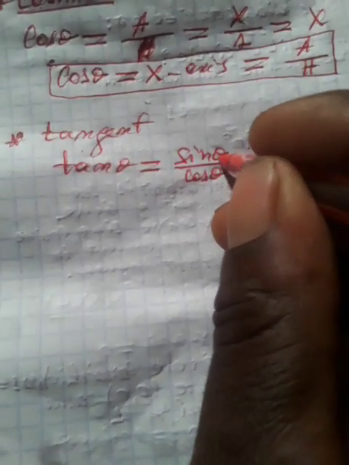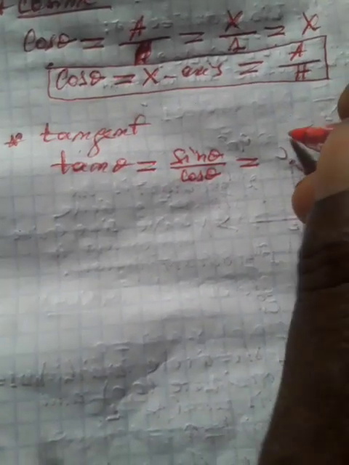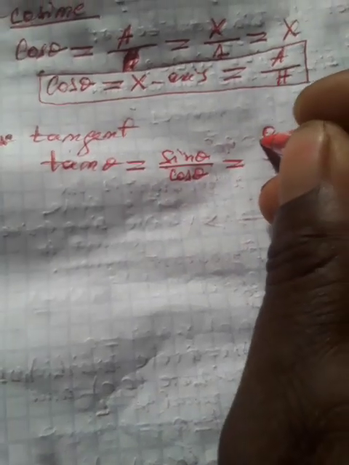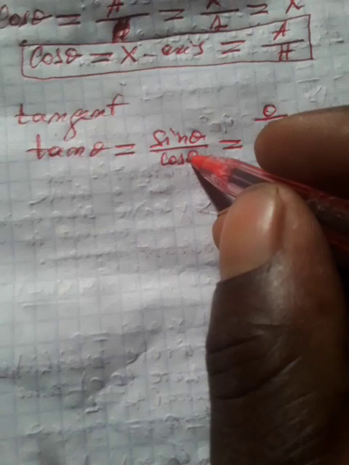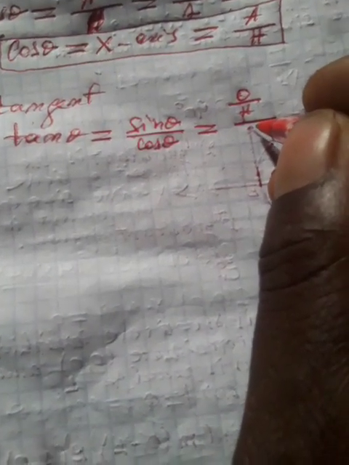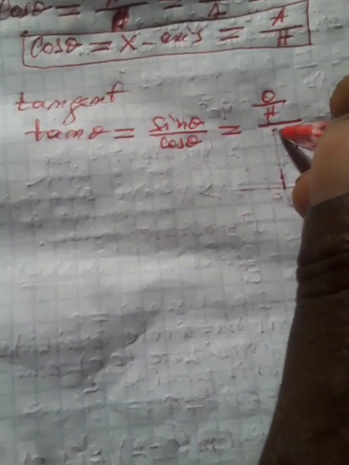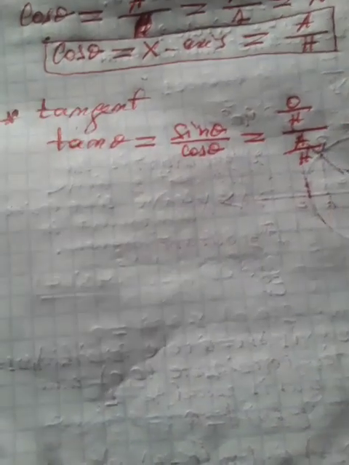Sine theta is opposite over hypotenuse, divided by cos theta, which is adjacent over hypotenuse.